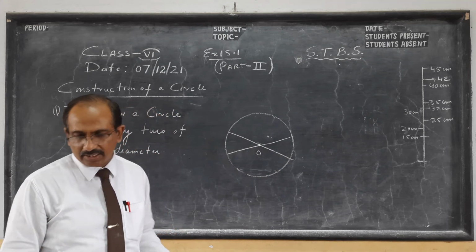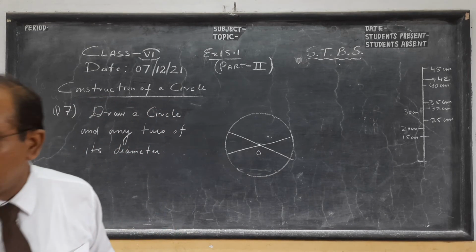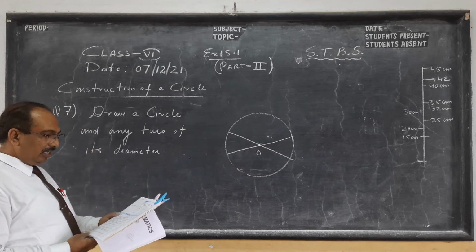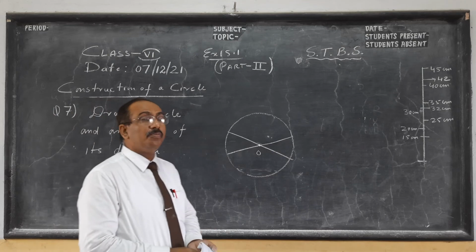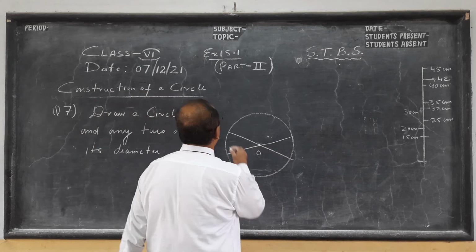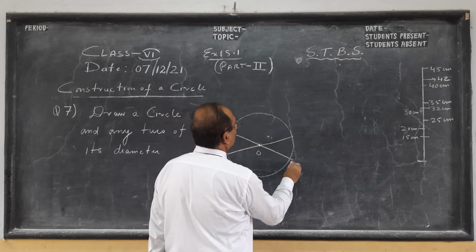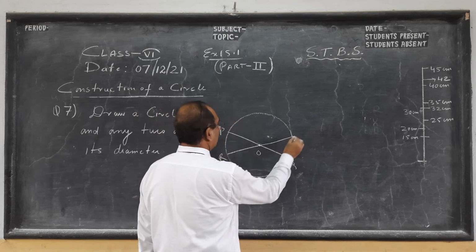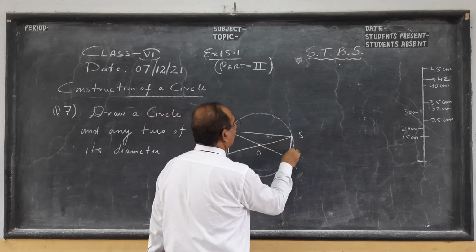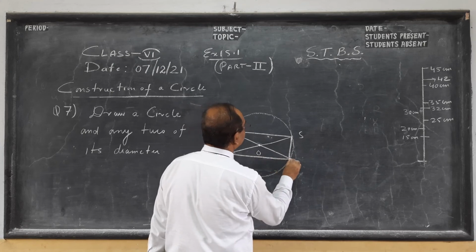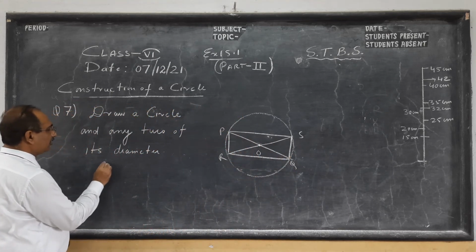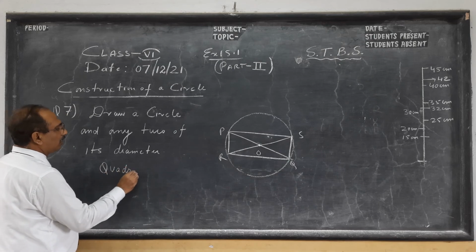Then the final part of the final question is saying, draw a circle and any 2 of its diameters. Name the figure obtained by joining the end points of these diameters. Let these be P, Q, R, S. So if I join all the endpoints, children, I'll get a four-sided figure. So the answer will be, I'll get a quadrilateral.